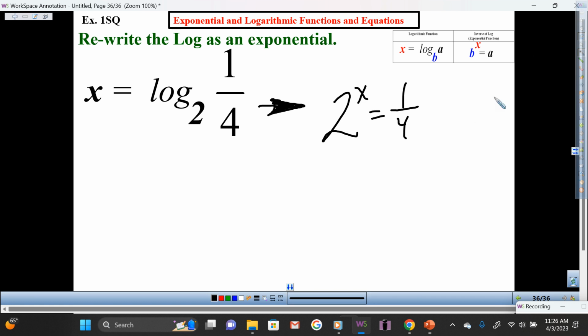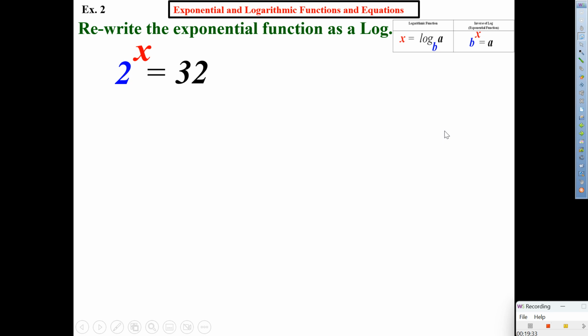Now let's go backwards. We're going to go from exponential to logs. Copy this one, example 2. Rewrite the exponential function as a log. 2 to the x equals 32. All right, rewrite that as a logarithm.